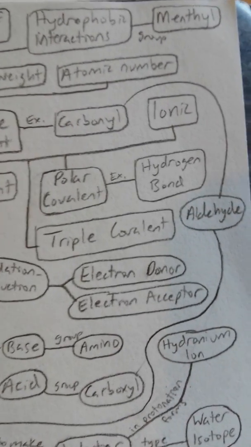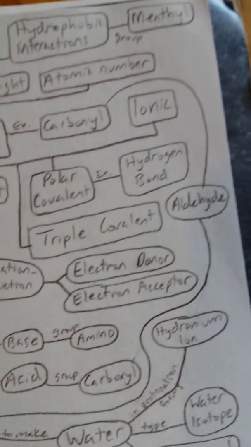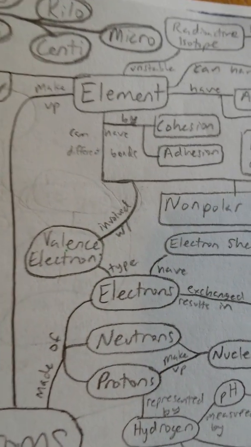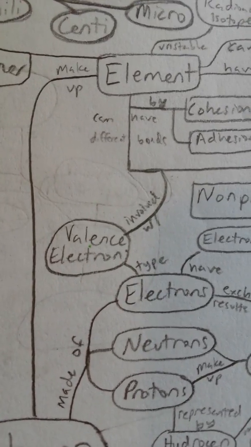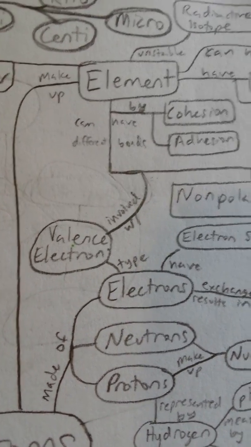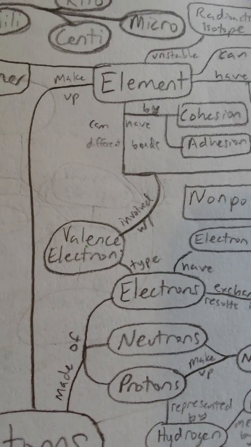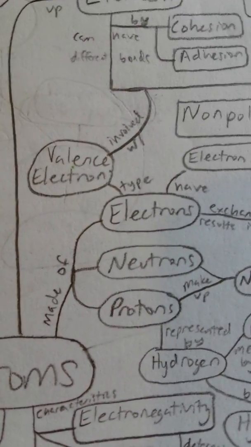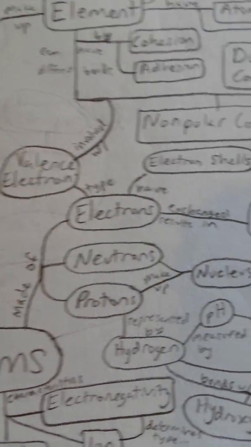Now aldehyde is between carbonyl and this line, hydrogen, because that carbonyl and hydrogen make aldehyde. Now valence electrons are the ones that are most involved in making the bonds. Atoms share valence electrons in order to be bound. Atoms are made up of electrons, neutrons, and protons.